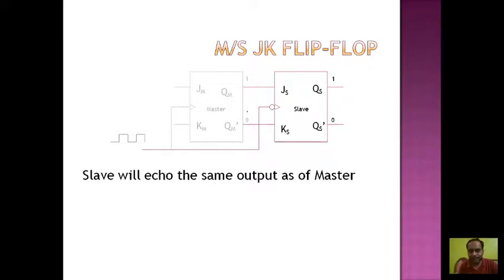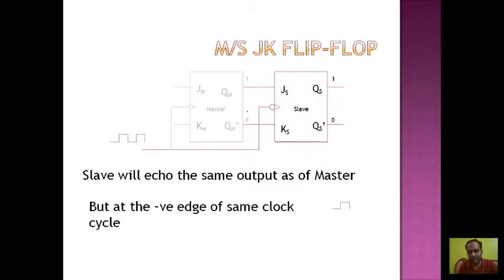But all this will happen at the negative edge only, because this slave flip-flop is negative edge triggered. So this negative edge triggered flip-flop will delay the same output up to the negative edge.